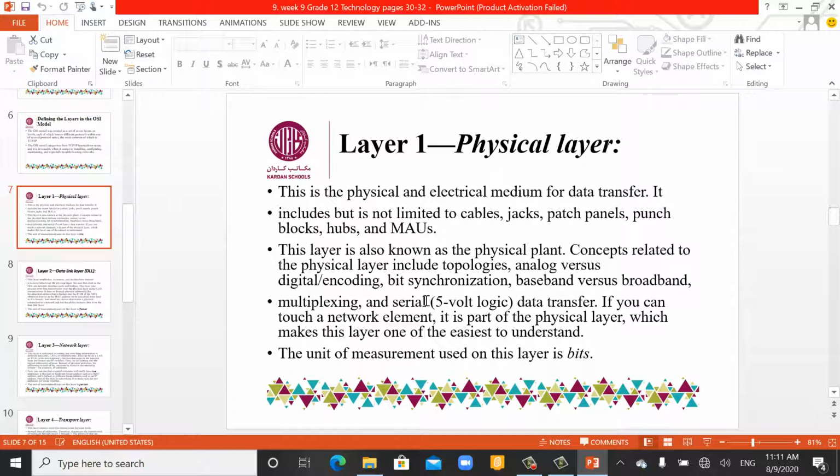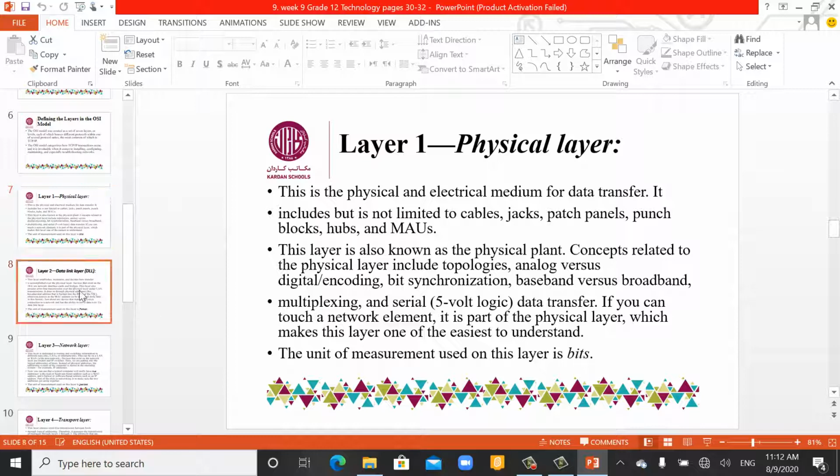I mean, the voltage for transferring is 5, and the physical layer makes this layer one of the easiest to understand. The unit of measurement used in this layer is bits. You should understand that this layer works on bits.